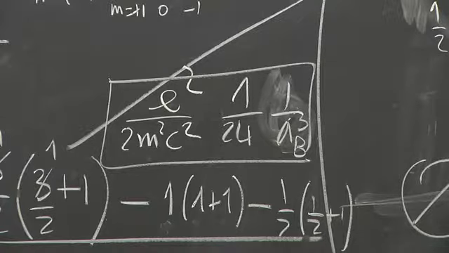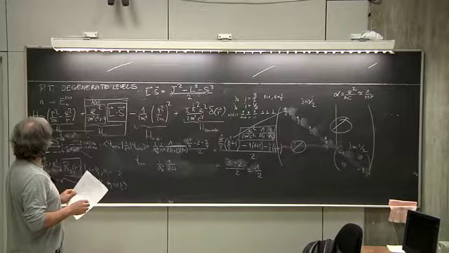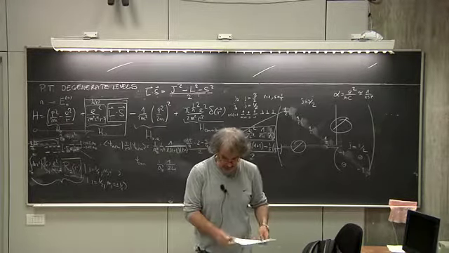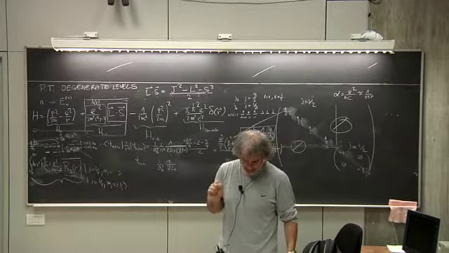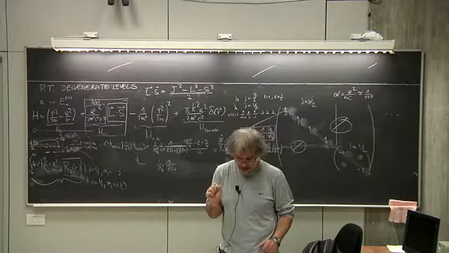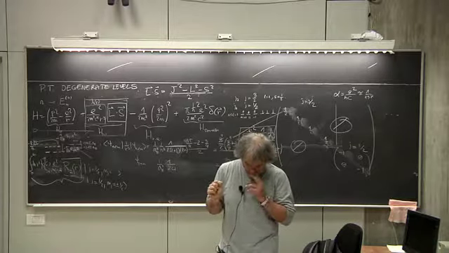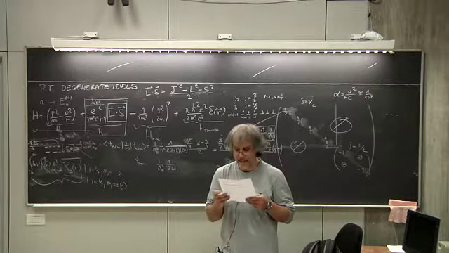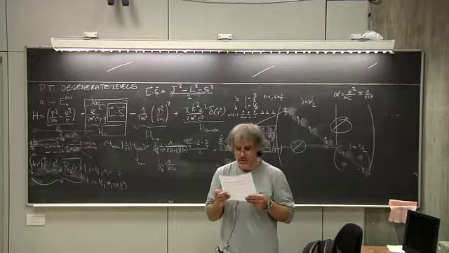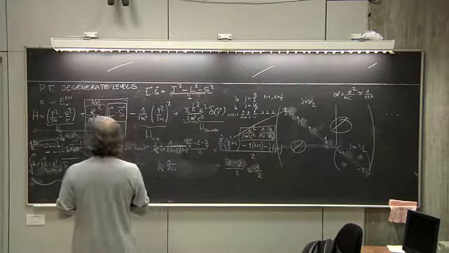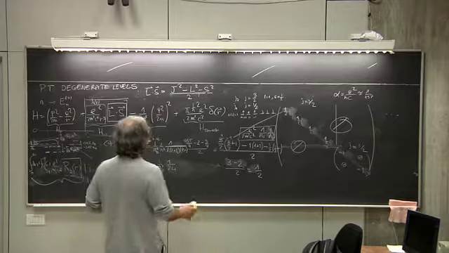So in principle, you can calculate immediately what happens to the 2p states, the 6 2p states, 6 because of the spin, when you put this perturbation. And what would happen is the following.